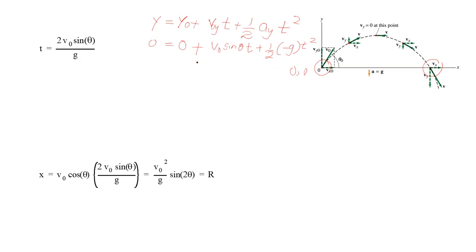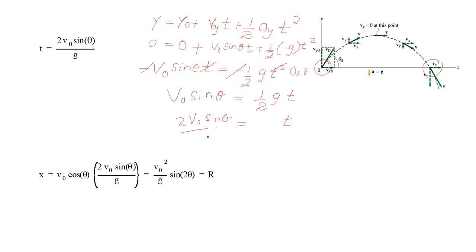If this is 0 and this is 0, I can take this term to the left side. v naught sine theta t gives me negative half g t squared. The negative sign cancels out, and I can divide everybody by t, one t cancels out, and I'm ending up with v naught sine theta is equal to half g t. So t would be, multiply by v naught sine theta and divide everybody by g.